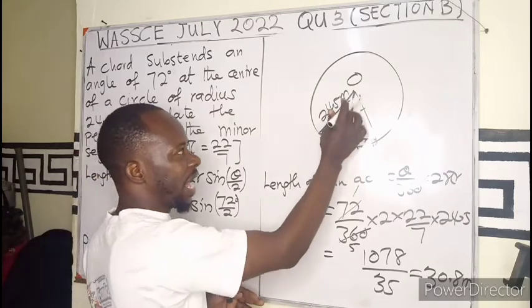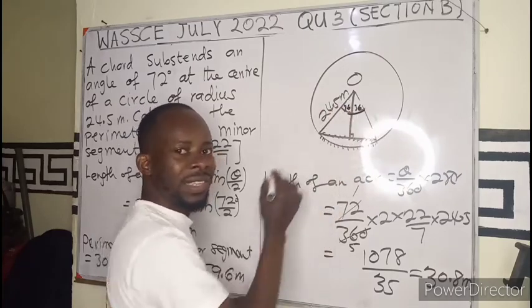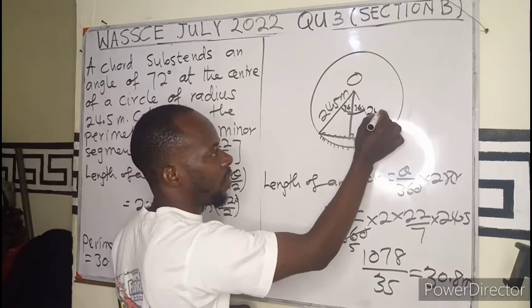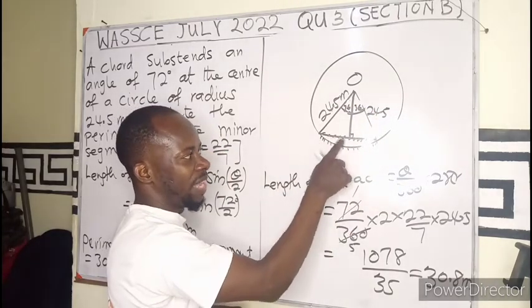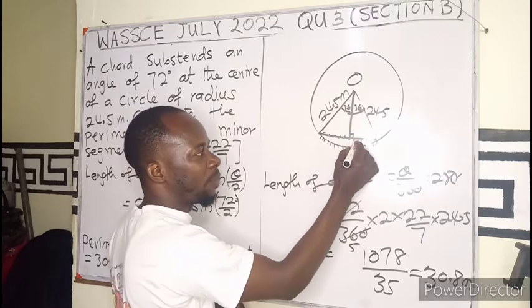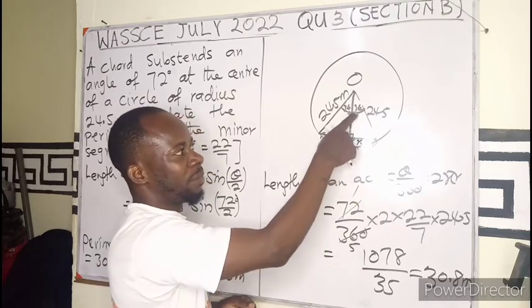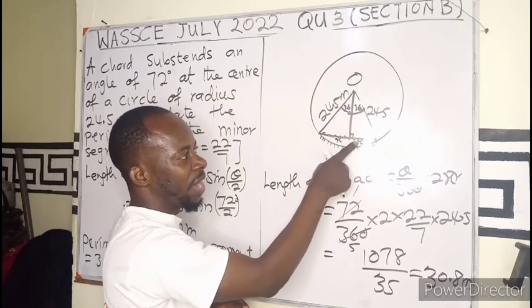Therefore, it divides the angle there also into 2. So it will give me 36, 36. Now I know this side is 24.5. Since they are the same, if I put x here, here will be x.